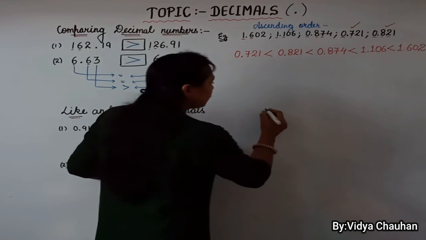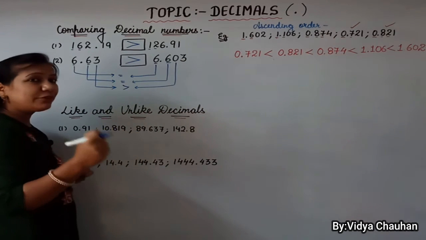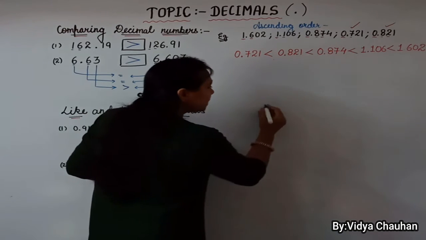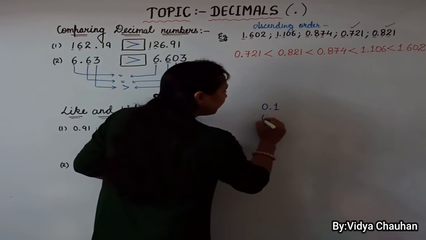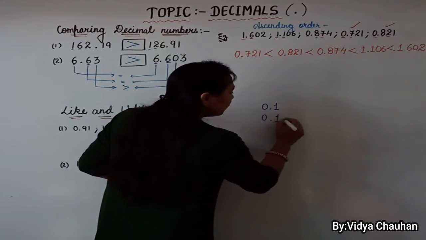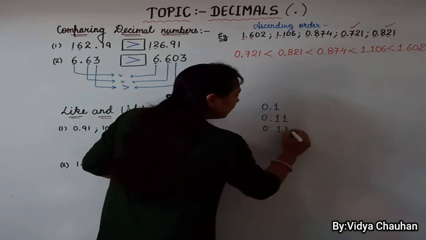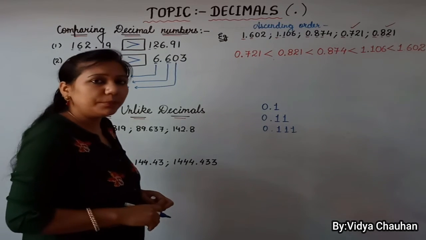First, like decimal fractions are related to the concept of decimal place values. For example, if I write the numbers 0.1, 0.11, 0.111, suppose these are three decimal numbers.